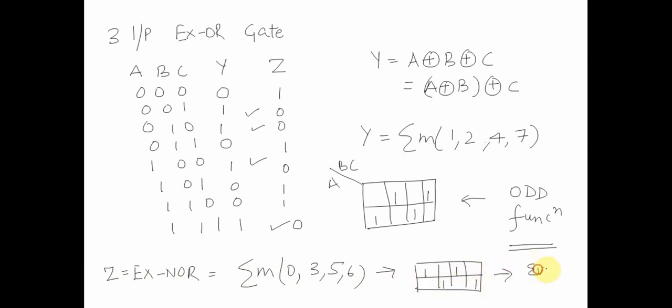This is called an even function. Correct?